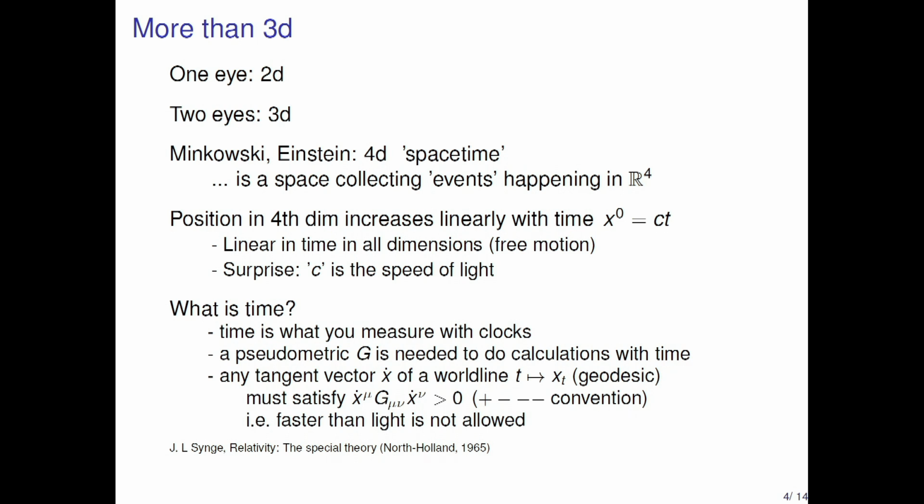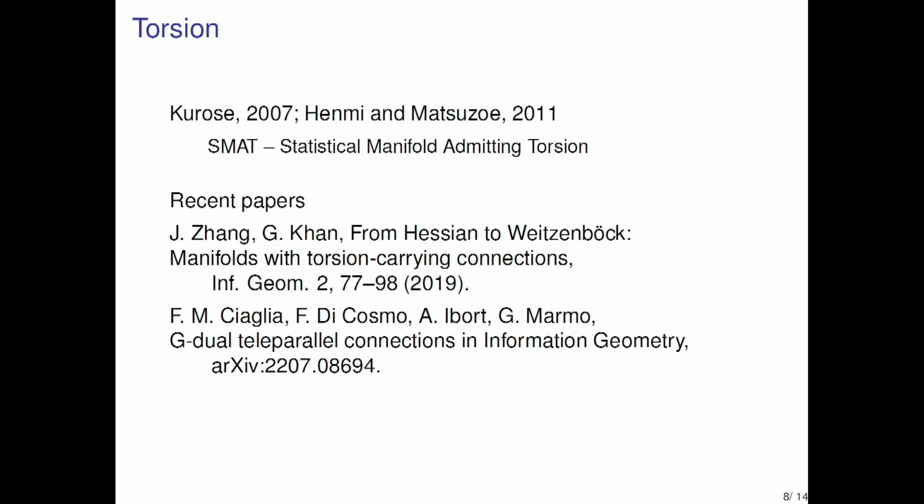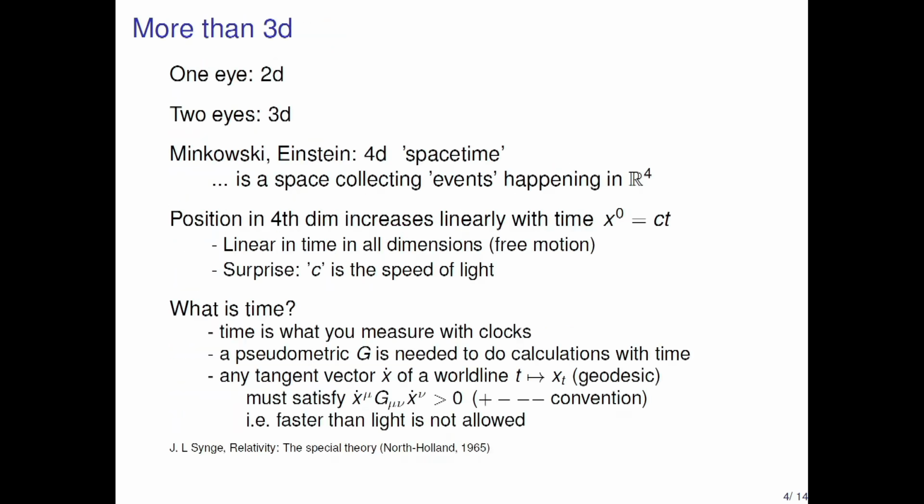The position in 4-dimensional space, the 4th coordinate is denoted x0. And it increases linearly with time, just like all other coordinates, because if you consider free motion in special relativity, a free object just moves linearly with time.